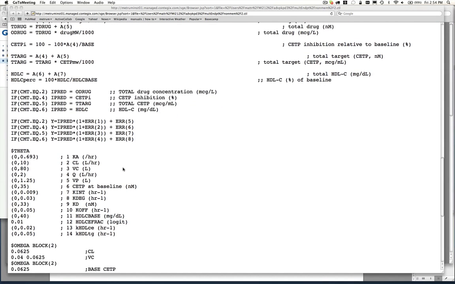Now, one thing to note here is how I set this up. A lot of times we'll do, within compartment 2, error 1 plus error 2, 3 plus 4, 5 plus 6, and then 7 plus 8. But I've actually set this up so that if you wanted to use the L2 data item, you aren't necessarily correlating the proportional and the additive parts.